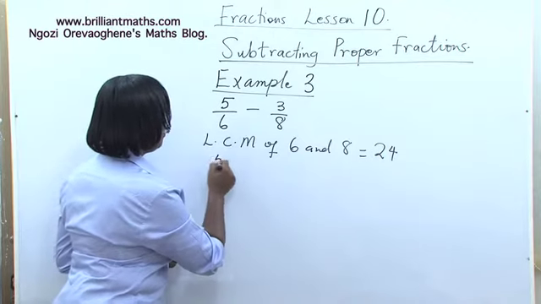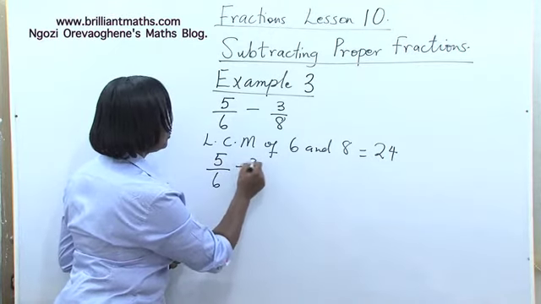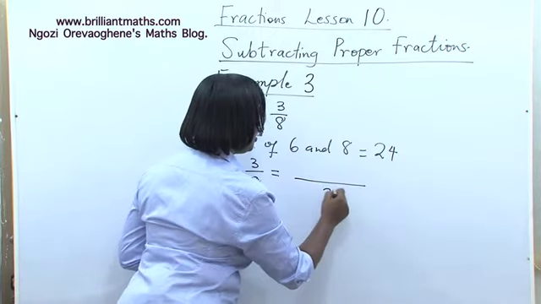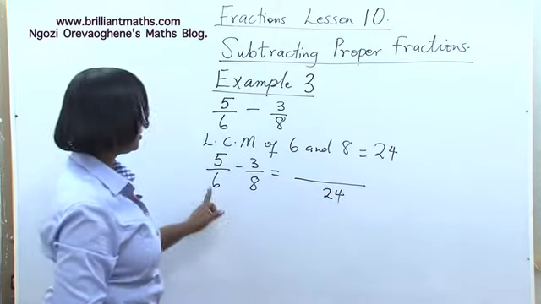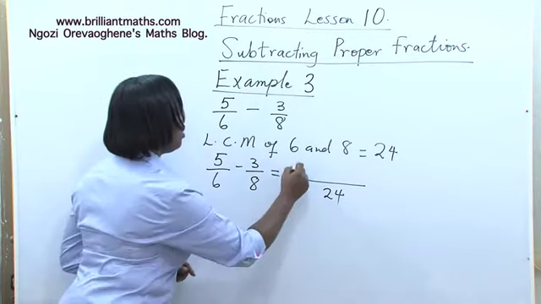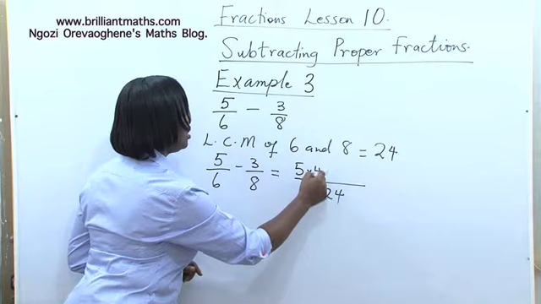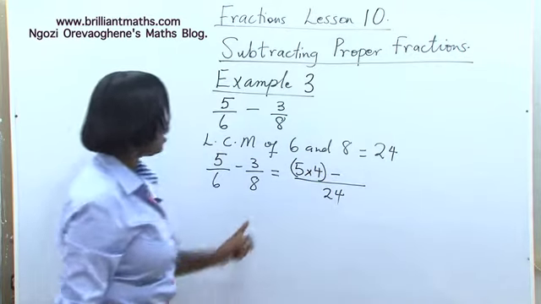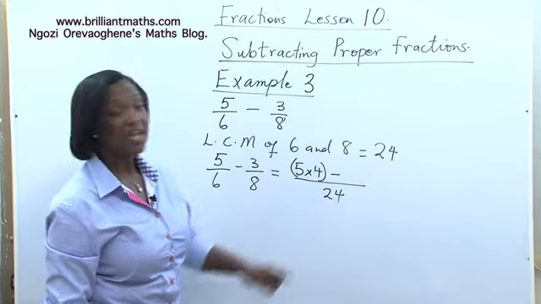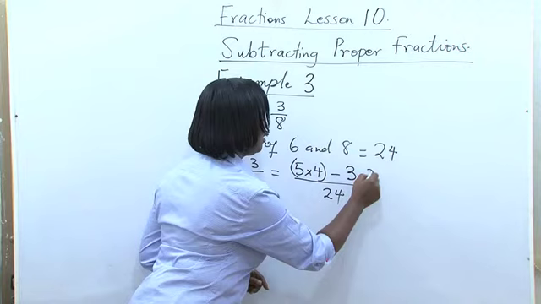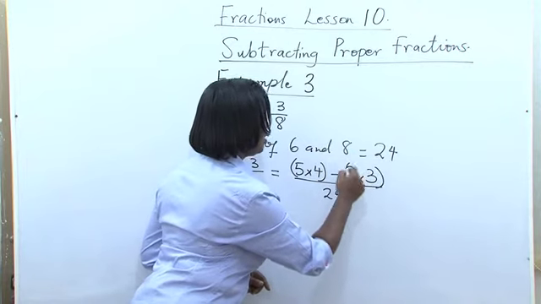So 5/6 minus 3/8 is equal to, we need a denominator of 24. 6 into 24 is 4. And 5 times 4 is 20. We're going to take away, 8 into 24 is 3. And 3 times 3 is 9.